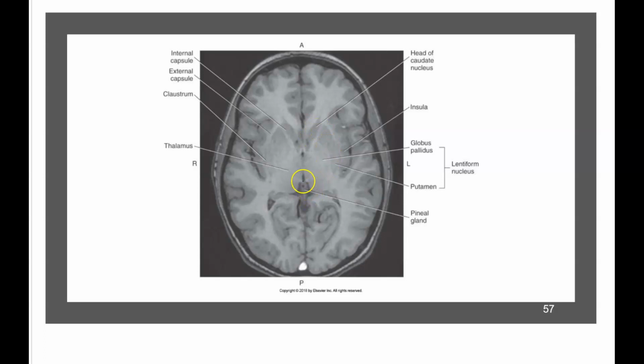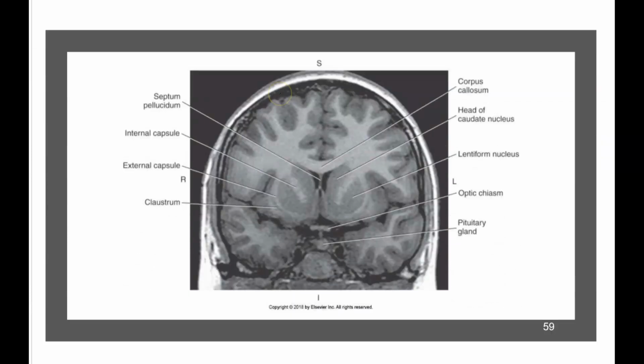This is your pineal gland right here. That little dot is the middle of it, and it surrounds, okay? Thalamus is right here. That is your thalamus. Claustrum. And you see the little line right there, on either side. Here's your external capsule and your internal capsule.